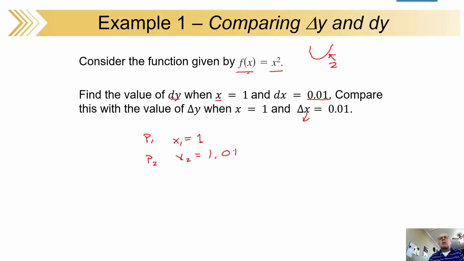There's your second x coordinate. And you'll put those values in that x squared. This one will give you y sub 1. This one will give you y sub 2. You'll subtract them, and that'll give you the exact value of delta y.